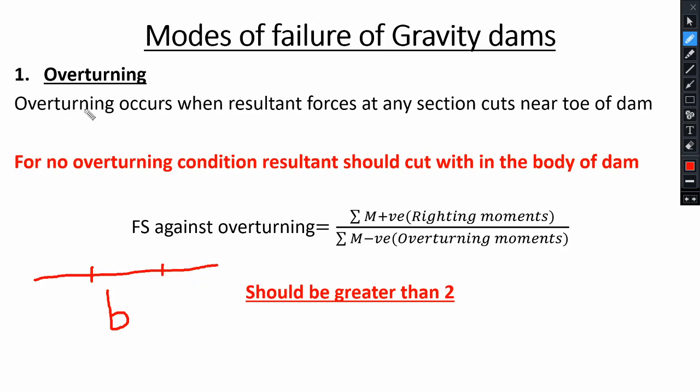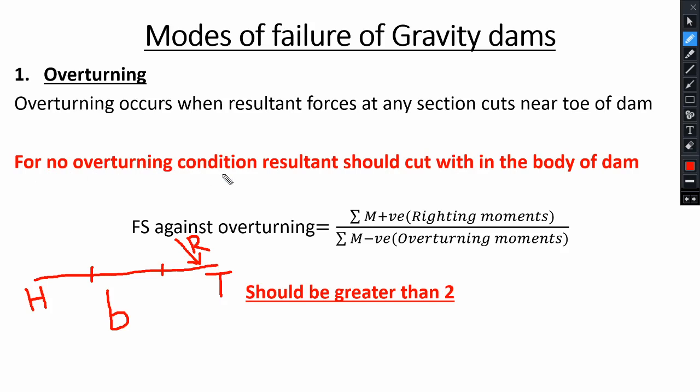So, overturning occurs when the resultant forces at any section cut near the toe of the dam. If we consider the toe and heel of the dam, this is the toe portion and this is the heel portion. If the resultant of all the forces acting on a dam is near the toe, or at the last third of the base width, then overturning may occur.